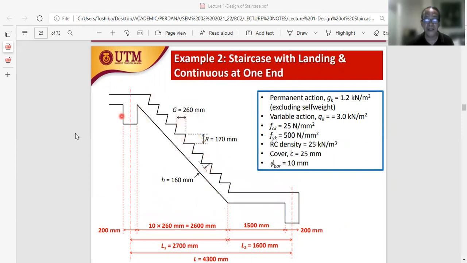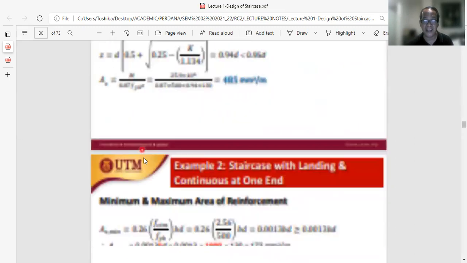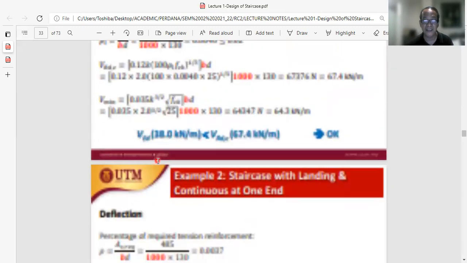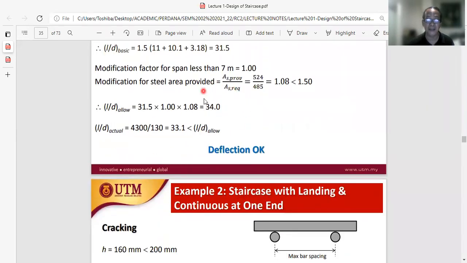this example, if we jump to the deflection criteria, okay, deflection, where L over D, the actual L over D is around 34 allowable, and the actual is about 33.1. So there is a very small difference between the actual and the allowable. This is based on 160 mm overall thickness, where the D is approximately 130.